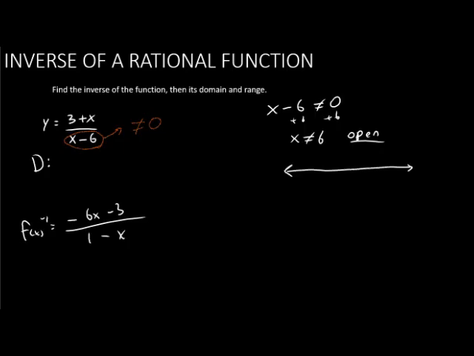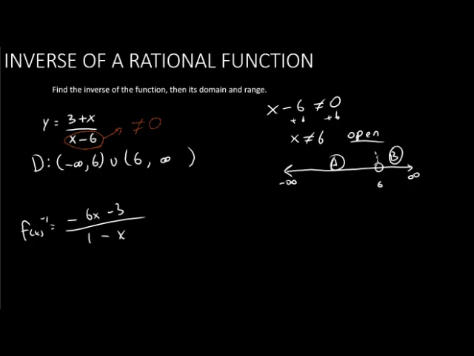We'll draw a number line, and then we'll put an open circle on 6 and split that domain into piece A and piece B, keeping in mind that we still need to write infinity and negative infinity on the number line. Our domain, based on this, will have a piece A that goes from negative infinity to 6, and then union a piece B that goes from 6 to infinity.